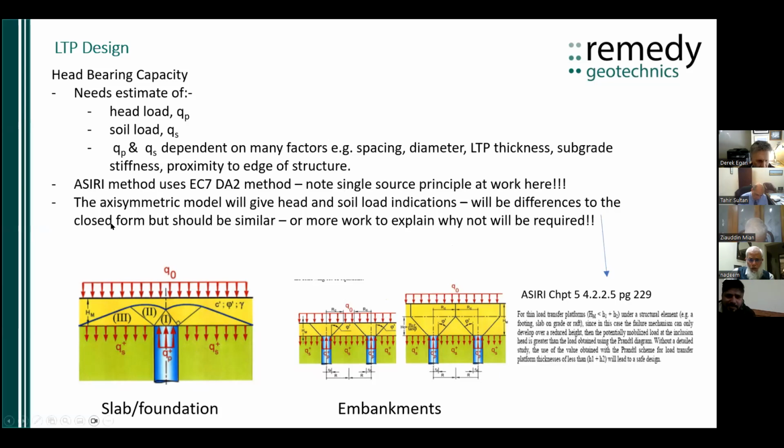Now, you might say, well, the load transfer platform may not be thick enough to generate this full failure. And that's quite correct. And probably, if you're under a slab, it won't be.